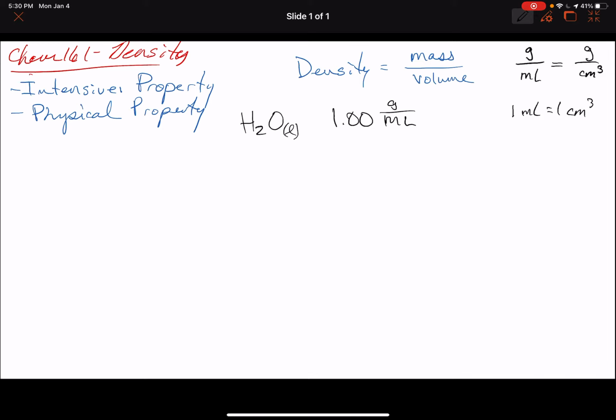So again, if we had 1 milliliter of water, we know that the mass there would be 1.00 grams. You'll likely see in one of your labs that density is actually a property that varies with temperature. So you do need to understand temperature for certain density values to hold. So this density value shown here is only good for temperatures around room temperature.